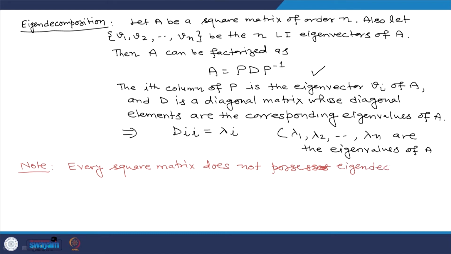It means you cannot make this kind of factorization, A equals P D P inverse, for every square matrix A. A matrix should have a certain property, and only then can we make this kind of decomposition. So, what is that property, or in other words, what is the condition to have an Eigen decomposition?